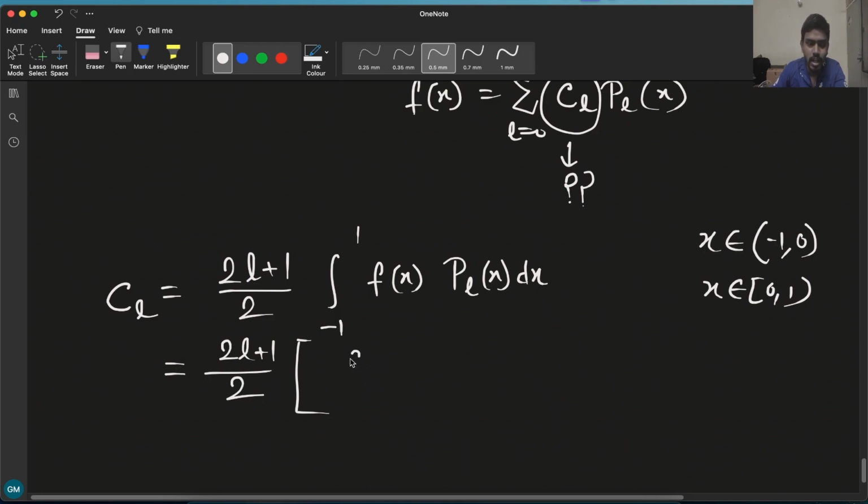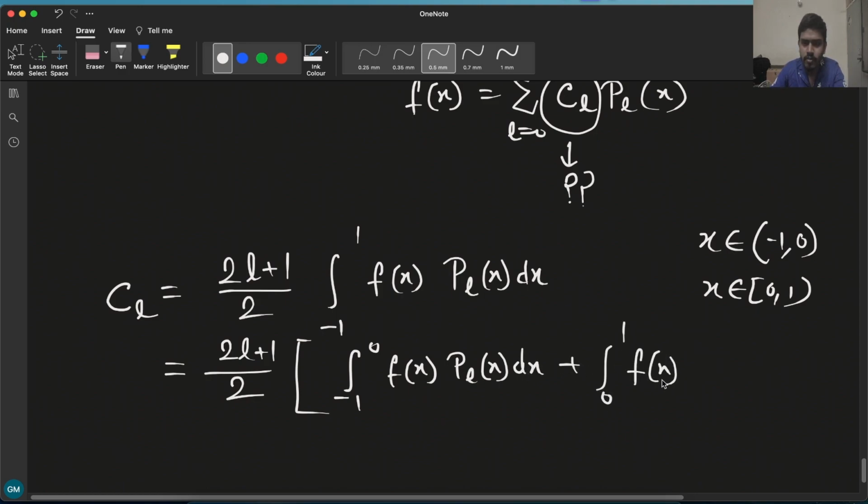So in that case I need to divide this integration in two parts. One will be from -1 to 0 of f(x) P_L(x) dx, plus 0 to 1 of f(x) P_L(x) dx.